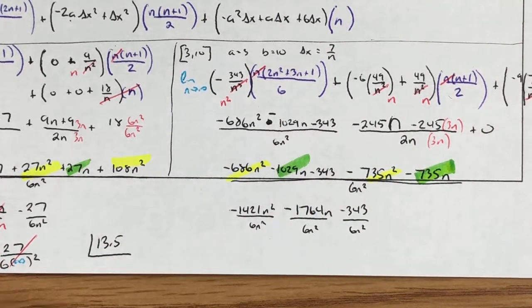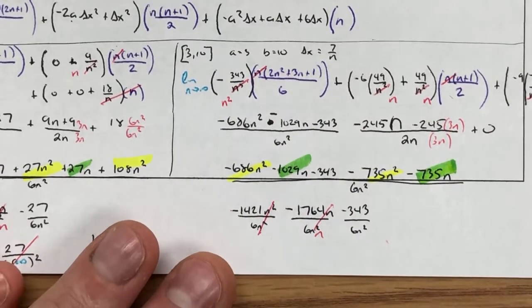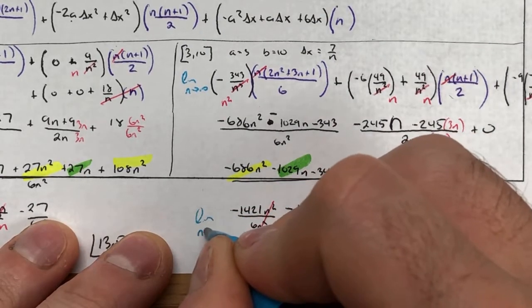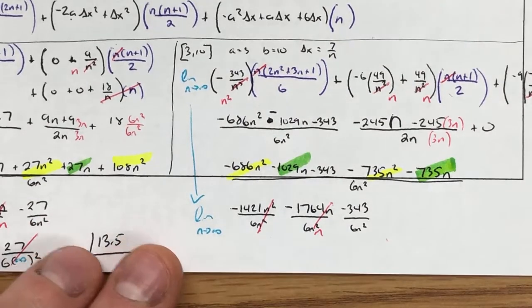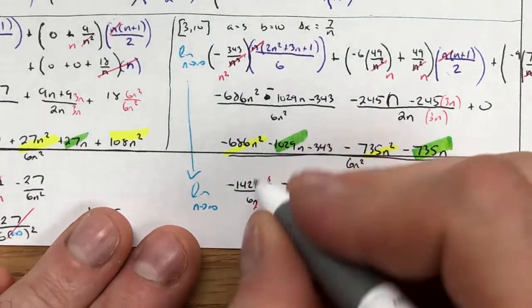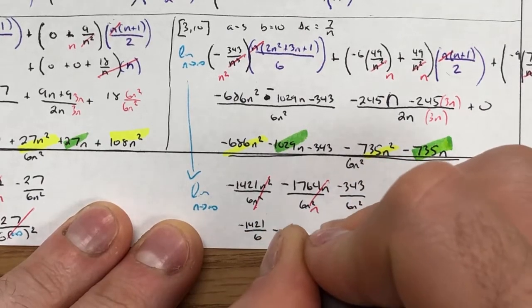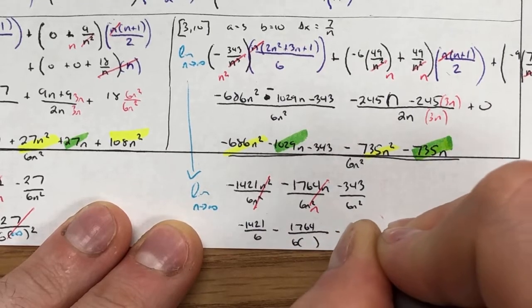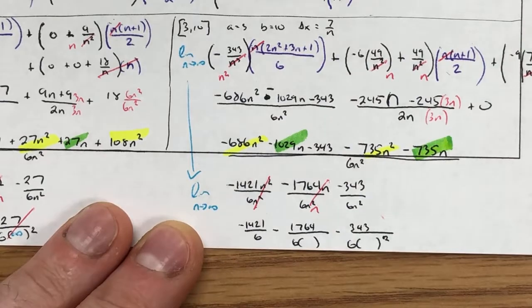Okay. What we know is that there's no reduction. And this is the last step where my limit still exists before I plug it in. Now at the next step, I go ahead and I plug in that limit. So I have negative 1421 over 6 minus 1764 over 6 times infinity minus 343 over 6 times infinity times infinity.